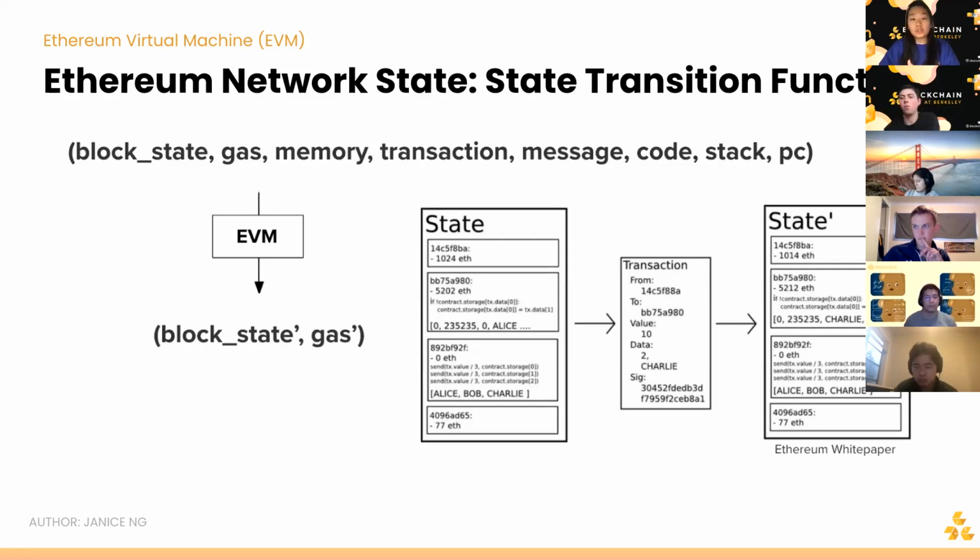So at the start, you have the current block state, the gas required, current memory, etc. Basically everything you need to correctly execute a transaction. You feed this into the EVM and get out the new block state with all the updated account balances and states and the new gas value, and the gas that gets refunded too, if it's properly executed.